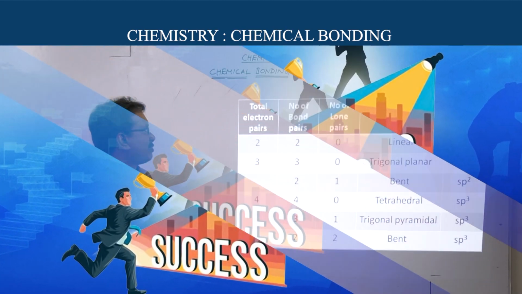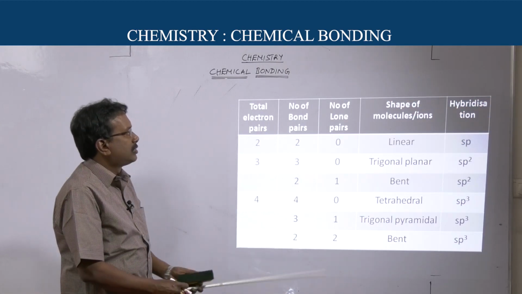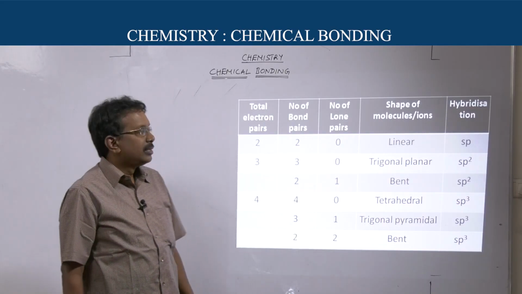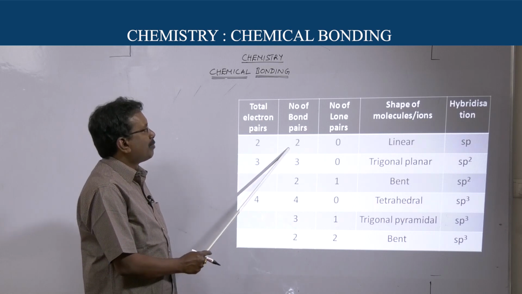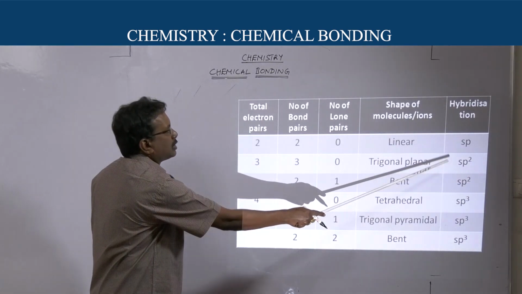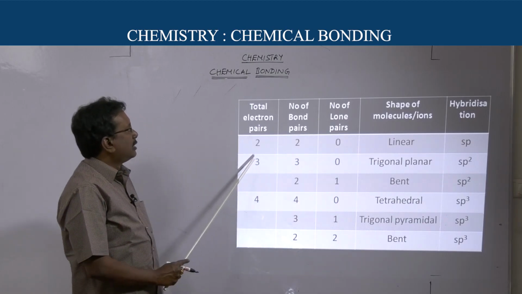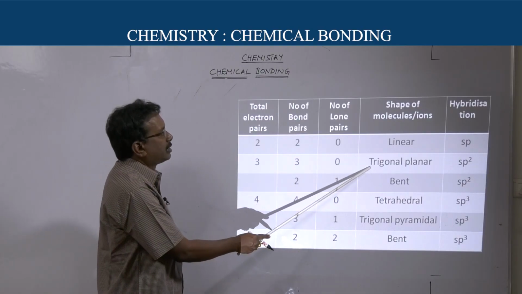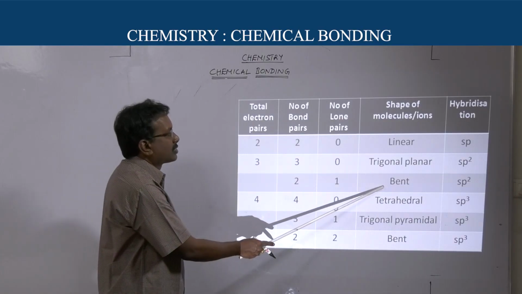If you observe this tabular form: total electron pairs, number of bond pairs, number of lone pairs, shape of molecules or ions, and then hybridization. Now, 2 electron pairs, both are bond pairs, then it is called sp hybridized and a linear molecule or ion. Similarly, 3 electron pairs, all 3 are bond pairs, then this is called trigonal planar structure, and 2 bond pairs and 1 lone pair gives bent structure.